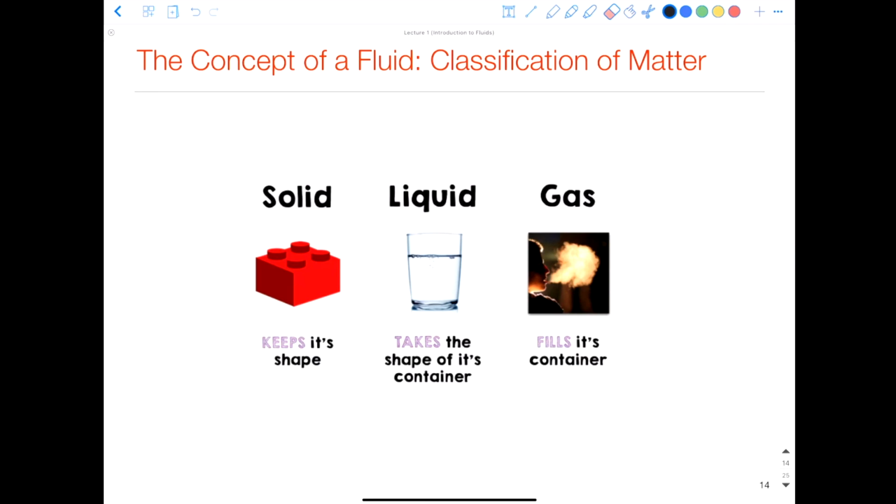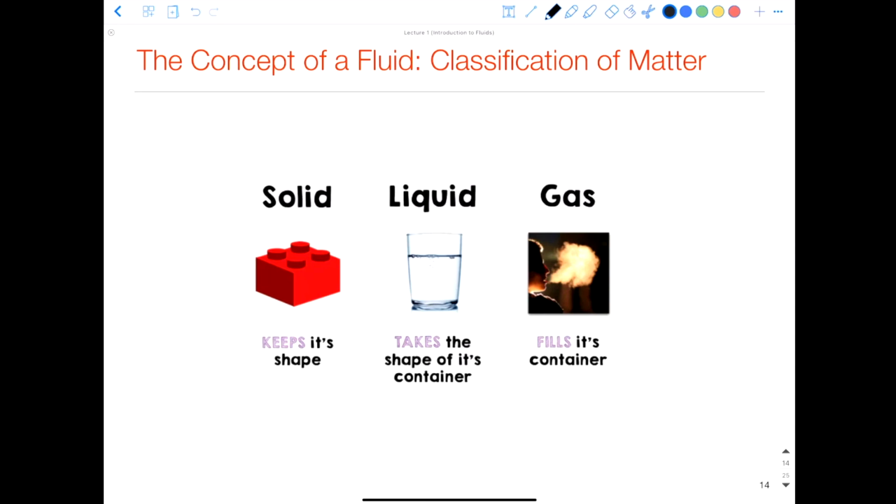And the main difference I also want to highlight between a liquid and a solid is that a solid keeps its shape because it can resist shear stress or applied shear loads. Liquids can't. So liquids will flow under any applied shear force. It won't give any resistance, and it will just take the shape of whatever container it's in. So that's the biggest difference.